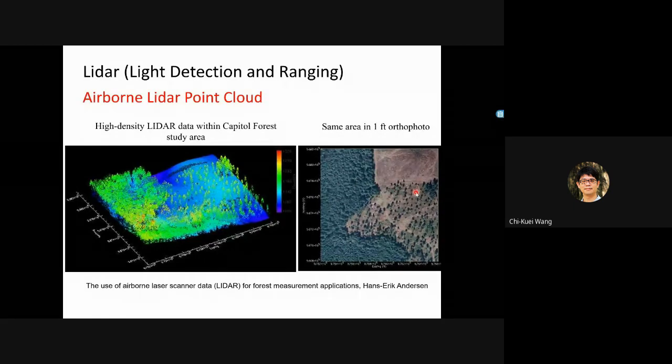This orthophoto gives you more information because it's an image, and we are used to looking at images, so we can quickly recognize this is dense vegetation and these are single trees. So when we collect airborne LiDAR, any kind of LiDAR, we definitely want the color image as well. It helps a lot with interpreting the LiDAR data.